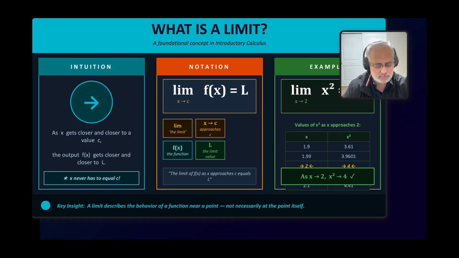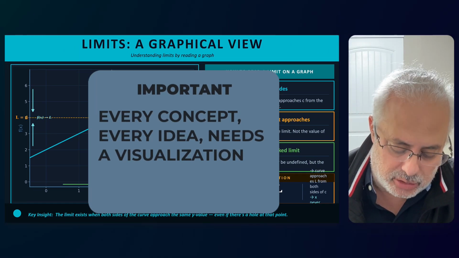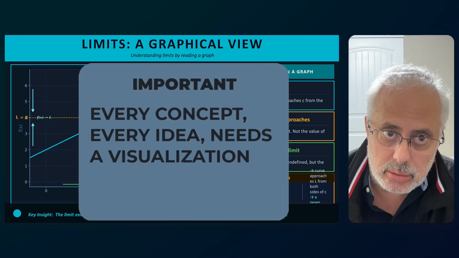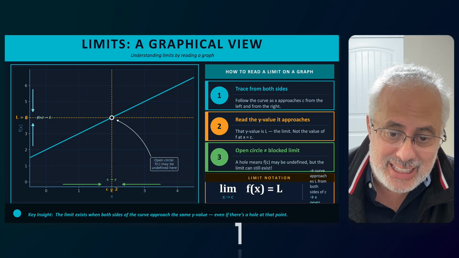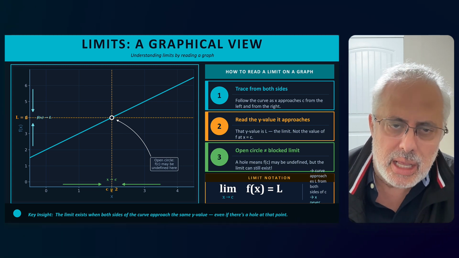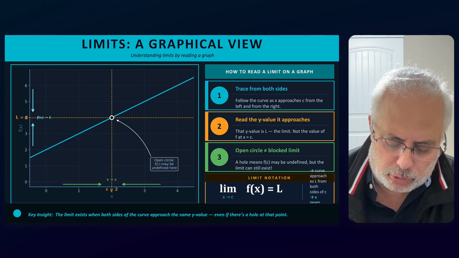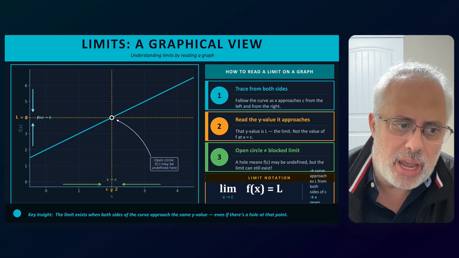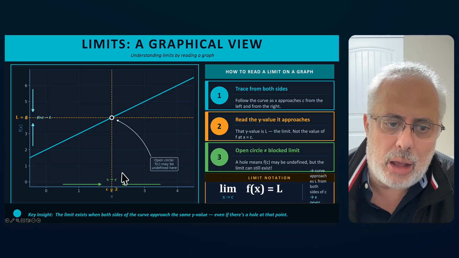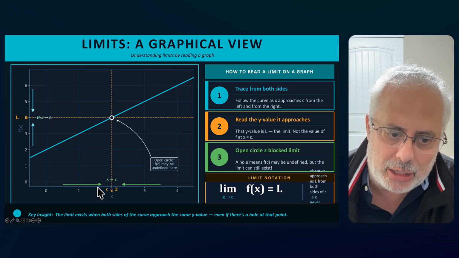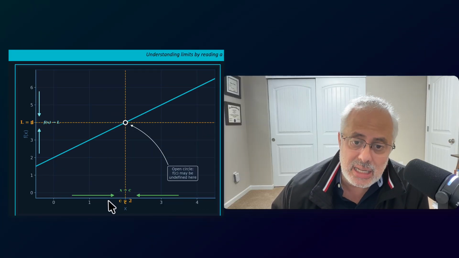Let's see what is next. Every concept, every idea in mathematics needs a visualization. So it's important to understand it from the geometrical perspective. In this infographic, you can see the limit from the graphical view. So we have a line here, and we have a point c here, and we see how the x values approach c, in this case 2, from the right and from the left.